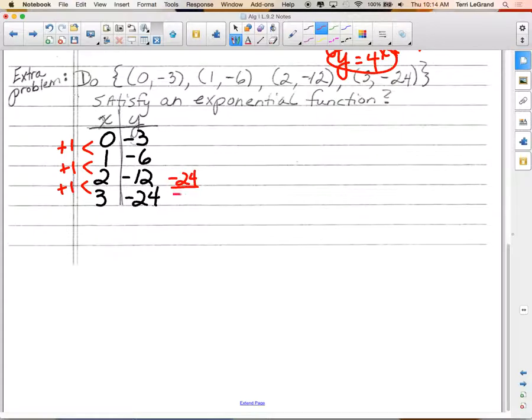Negative 24 over negative 12, negative 12 over negative 6, and negative 6 over negative 3. What do all those divide out to? 2. Positive 2? Yeah. That's good because it said our b value should be positive. So this is our b value. So this is exponential.